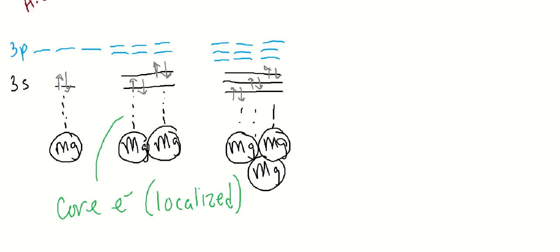So let me get to the point, because you kind of see where I'm going with this. You never have 1, 2, or 3. Even in a 24-gram sample of magnesium, you're going to have 10 to the 23rd, 10 to the 24th number of atoms.